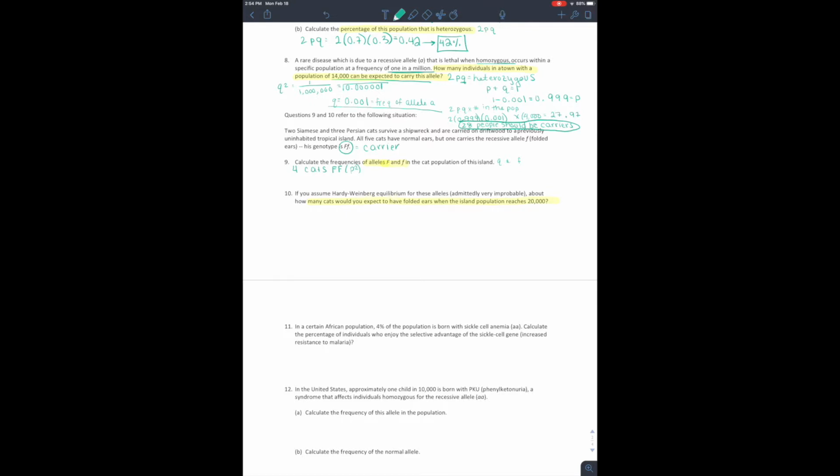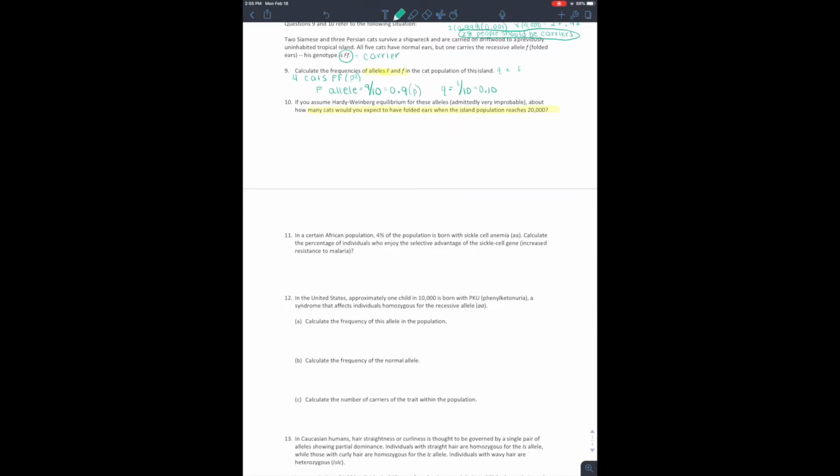So in order to find the frequency for our big F allele, we're going to have to do 9 over 10. It's 0.9. So that is our P number. And to find our Q number, we're going to have to do 1 over 10, which is going to be 0.10.